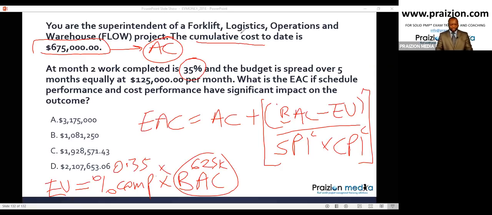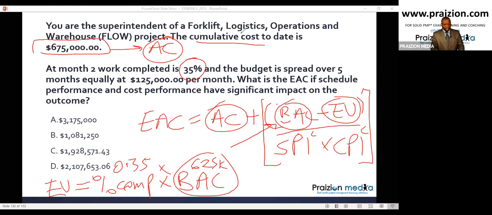If you do that, you end up getting the earned value number. Then you plug in the BAC, the EV, and the AC, which you already know. And because you know EV and AC, you can calculate the CPI.